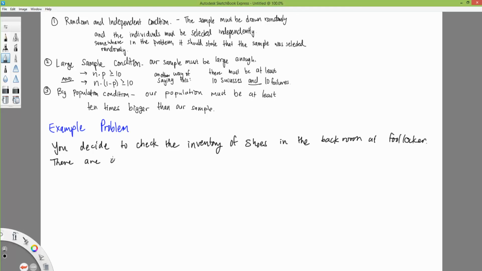There are a total, I have no idea how many pairs a store might have. There are a total of 800 pairs of shoes, or we'll say 800 boxes of shoes in the store.